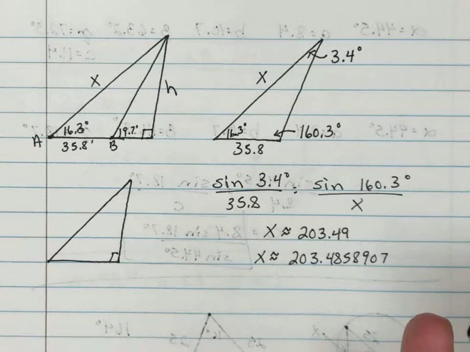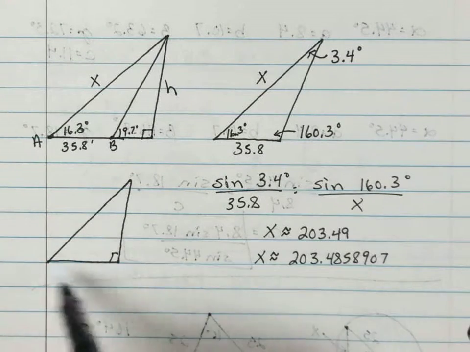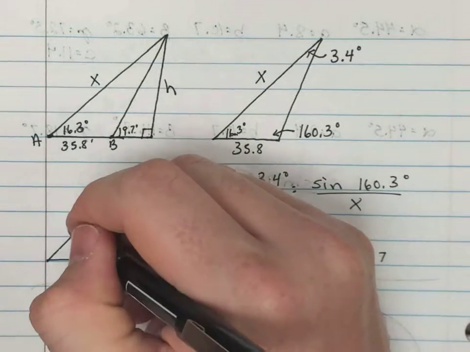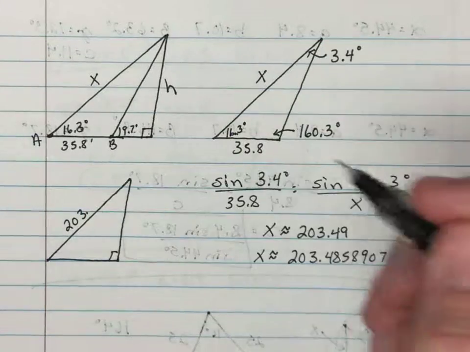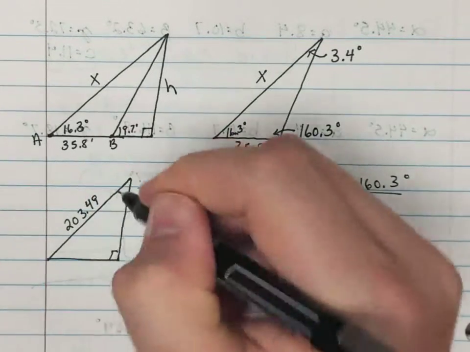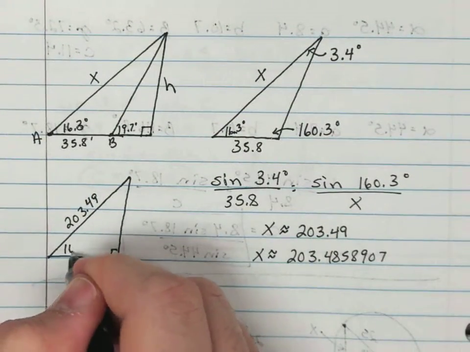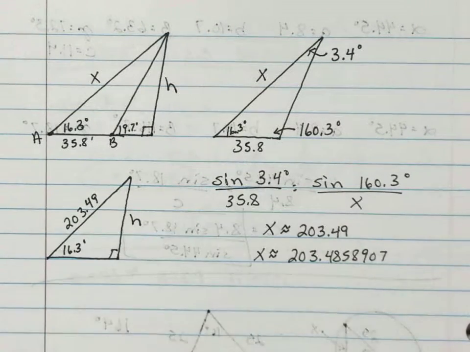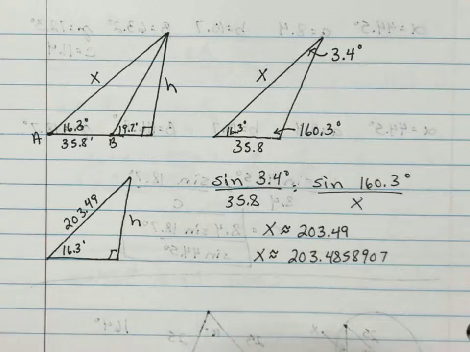Well, it really works on any triangle. If you've got a regular right triangle, that's when we just use SOHCAHTOA. Sine equals opposite over hypotenuse and all that. We now know that this is 203.49 rounded. We know that this is a 16.3 degree angle, and we know that this is the height that we're looking for.